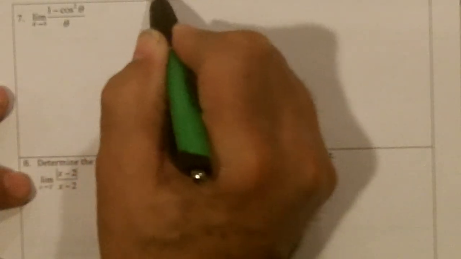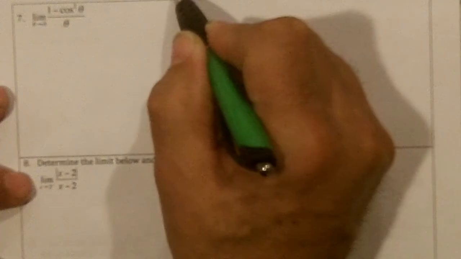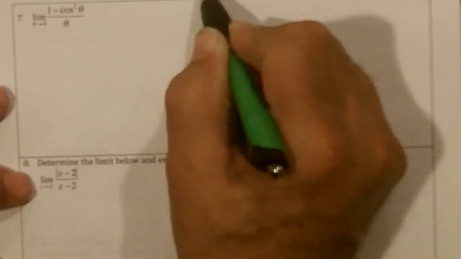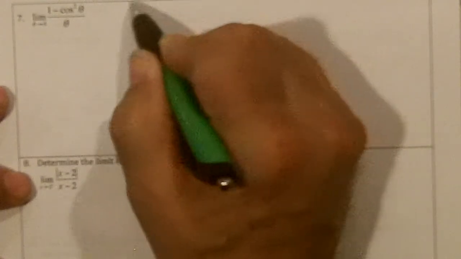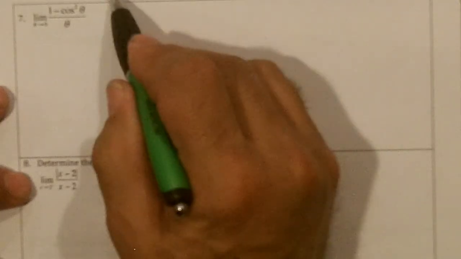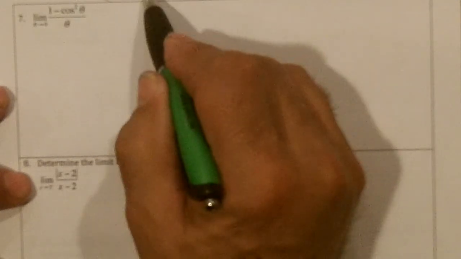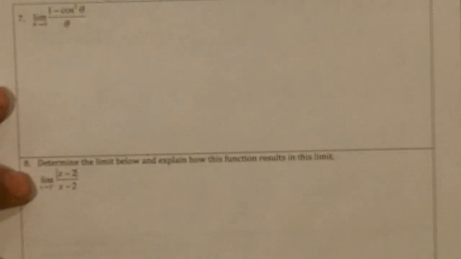Okay, 2 main ways I saw people do this one, and I saw a lot of people make a silly error. This is not 1 minus cosine theta times cosine theta. That would be cosine theta minus cosine theta squared, not 1 minus cosine theta squared.